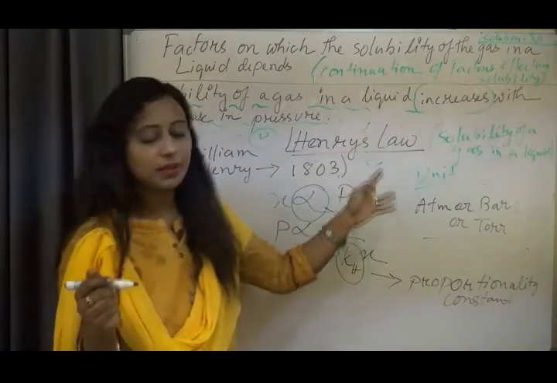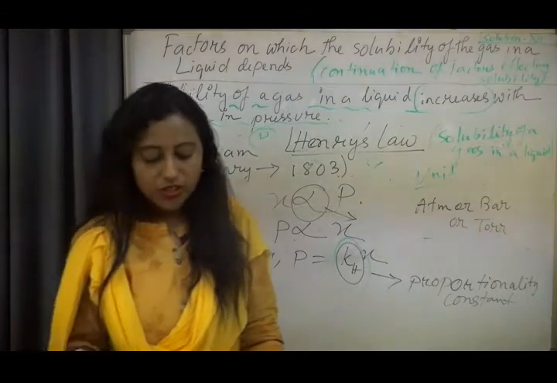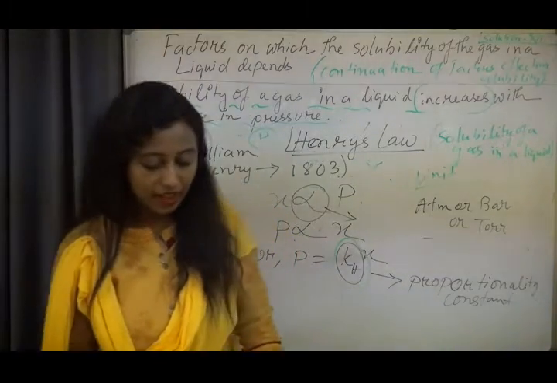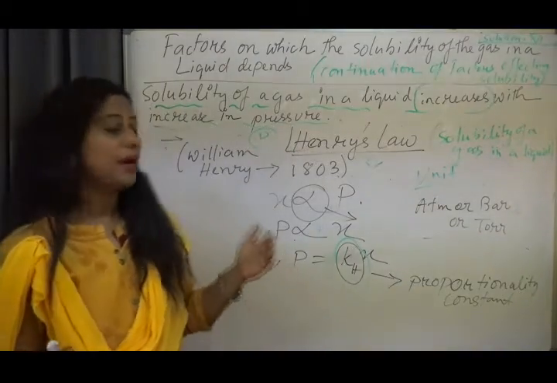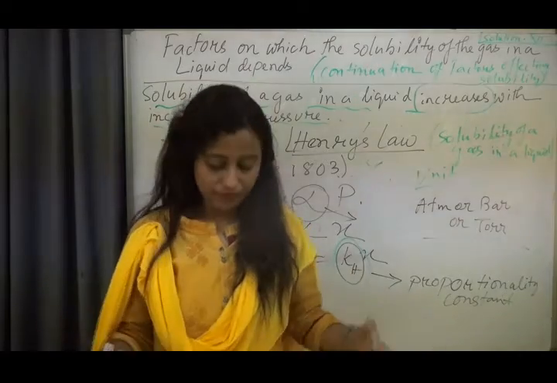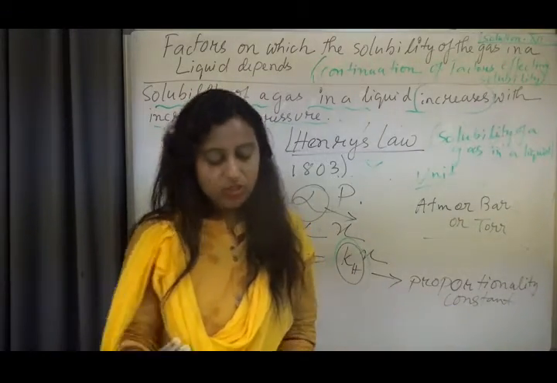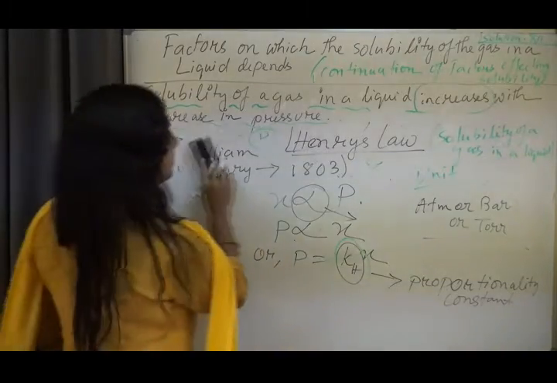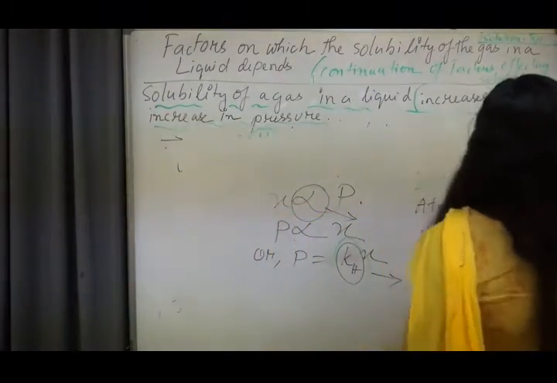This is the unit of this proportionality constant. So what does Henry's law state? Henry's law states that when the pressure above the gas is increased, then the gas will be liquefied more easily. So what are the characteristics of this proportionality constant, or Henry's law constant?